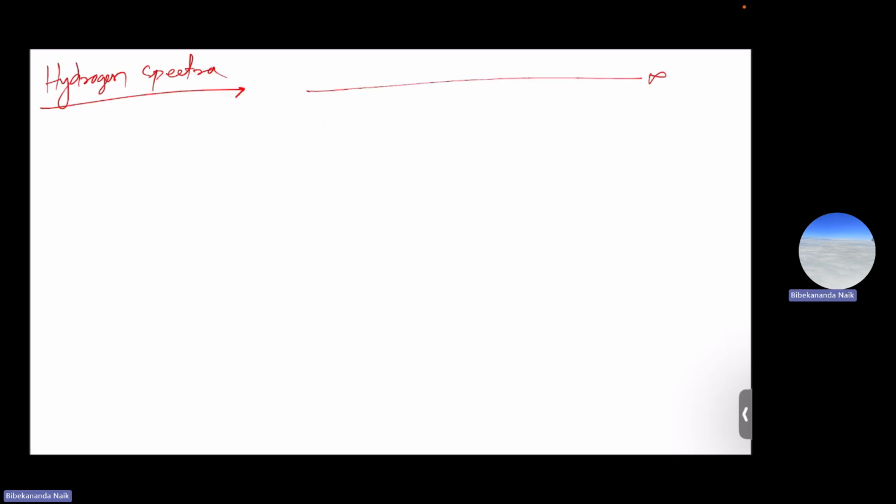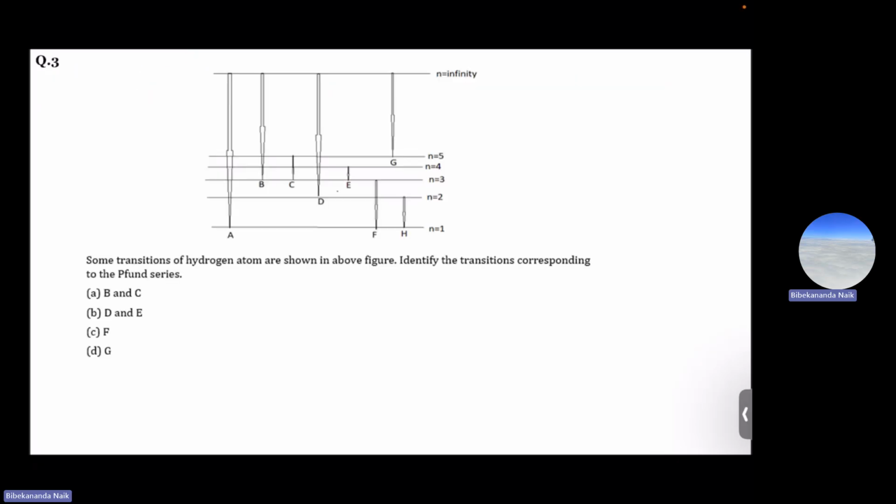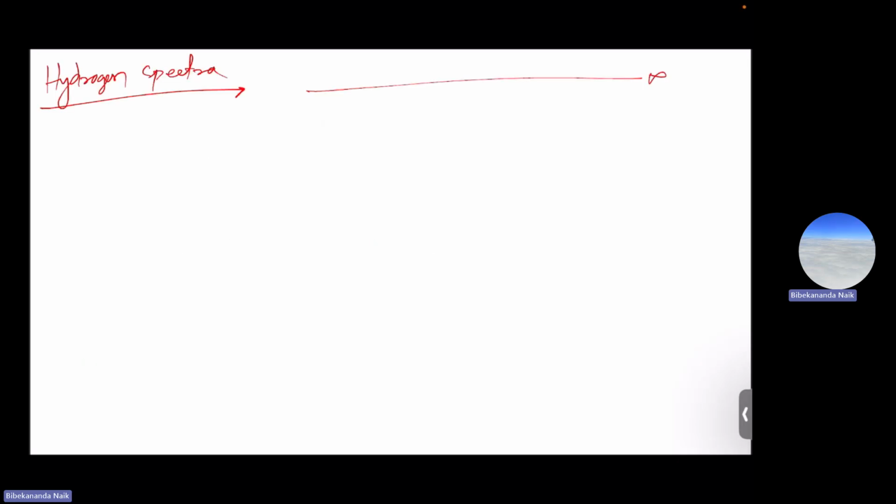So we'll draw. We all know the energy levels are not equally spaced.